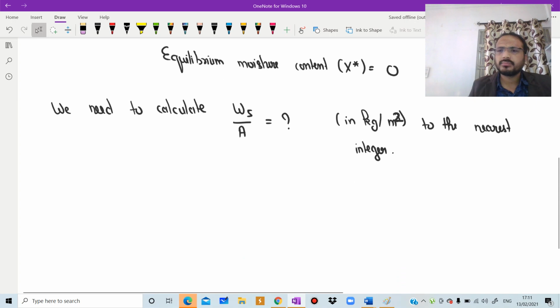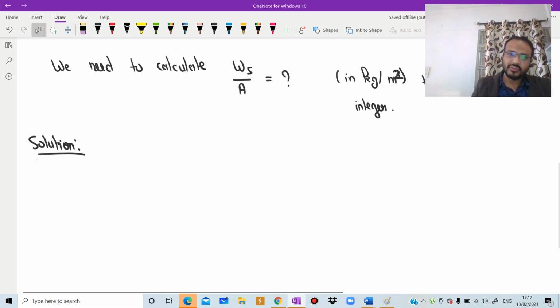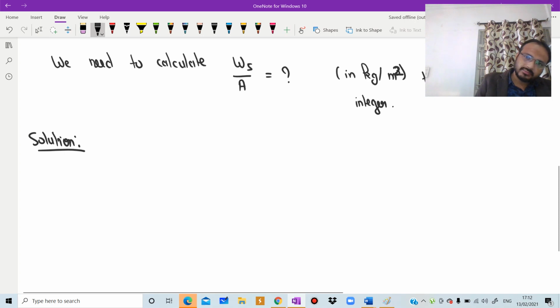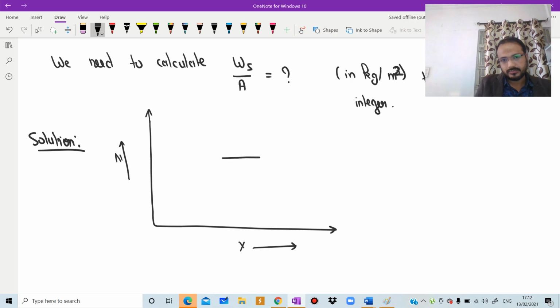Most of the students are from our classroom, so they know that this question is directly from our classroom. I told a shortcut to solve such kind of question, and you will get this 2 marks question very easily. First, suppose we have a rough diagram of rate versus moisture content.